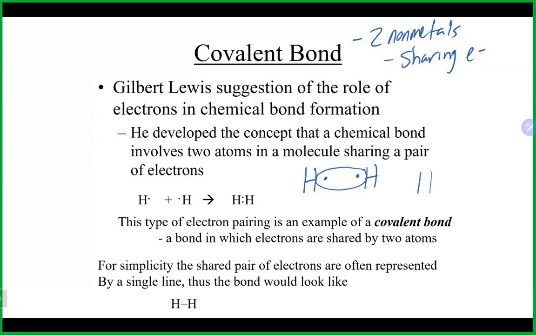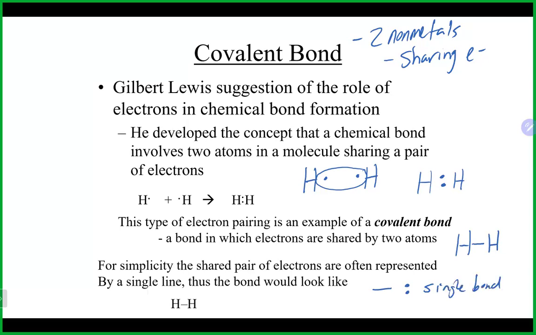And what happens is we will get a covalent bond that will form between the two hydrogens, where we can show it as two dots. We could also show this bond as a line. One line represents two dots, a single bond.